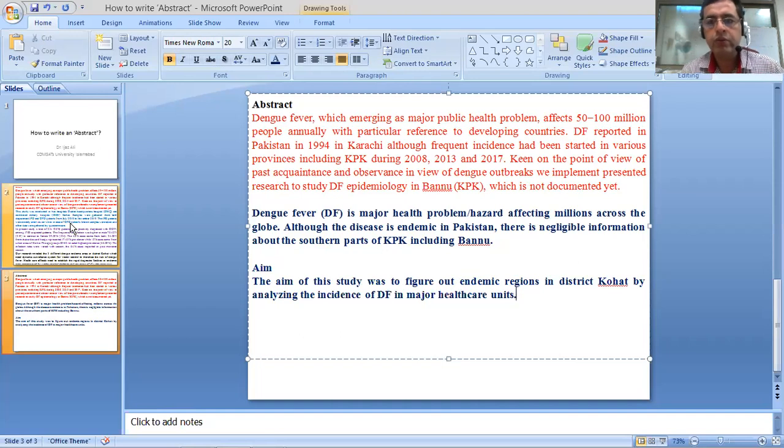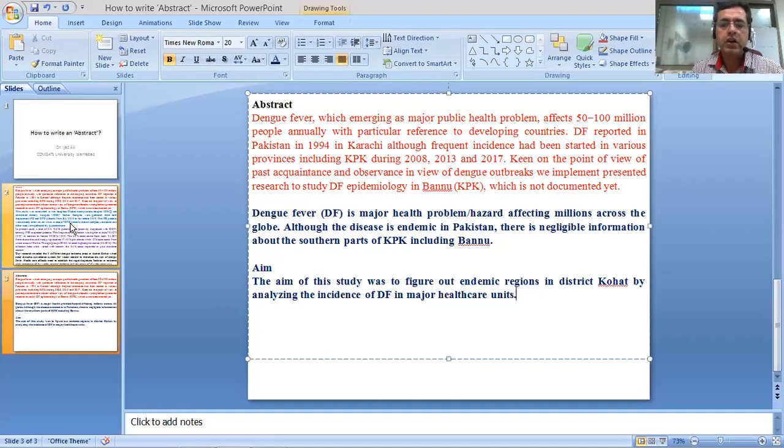And in this way, you would determine endemic regions where the problem arises from time to time, and now you are determining this endemicity for the past events for a previous year.